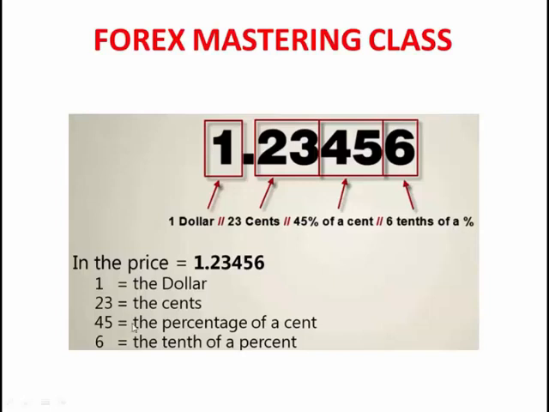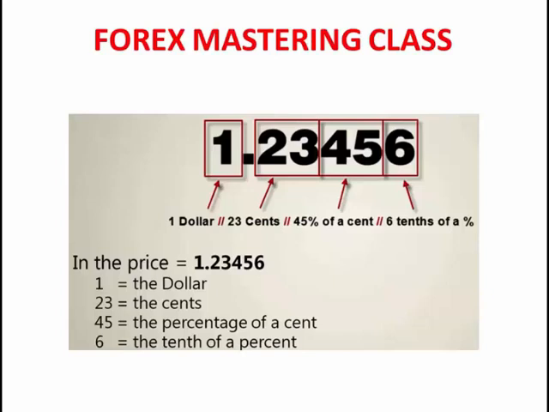So this is just the breakdown. You have the $1, the cent, the percentage of cent, then the 10th of the percentage of it. That's how to read it. Majorly the last 6 is not always counted because it's just a 10th of the percentage.